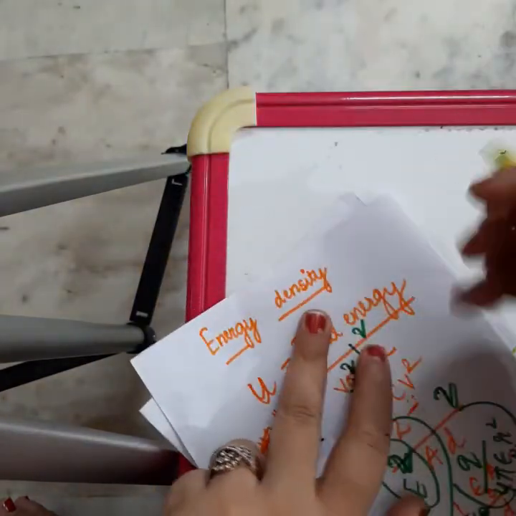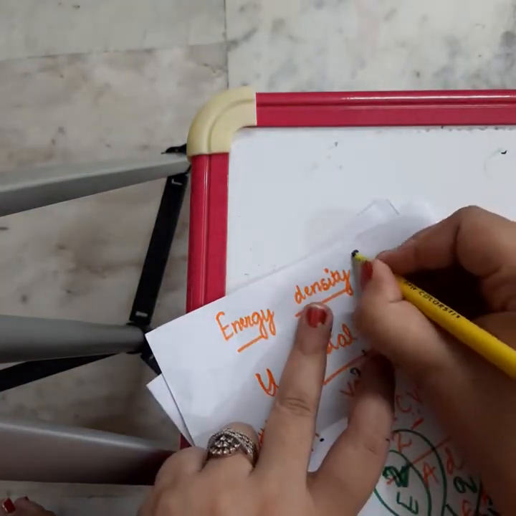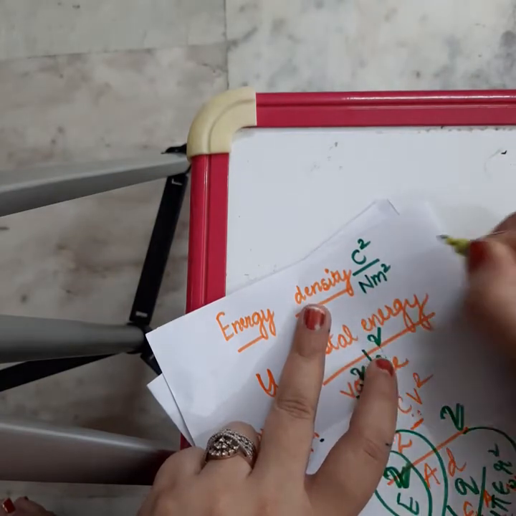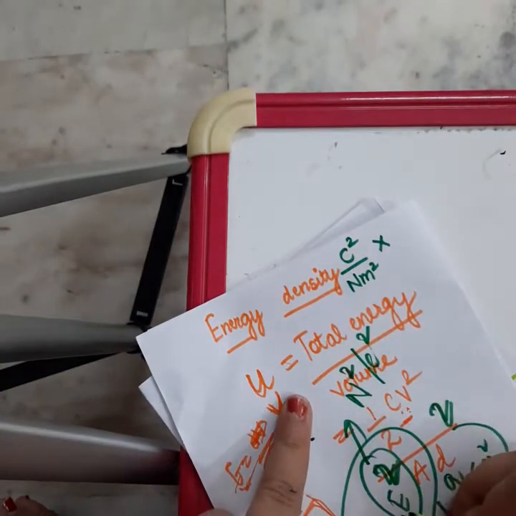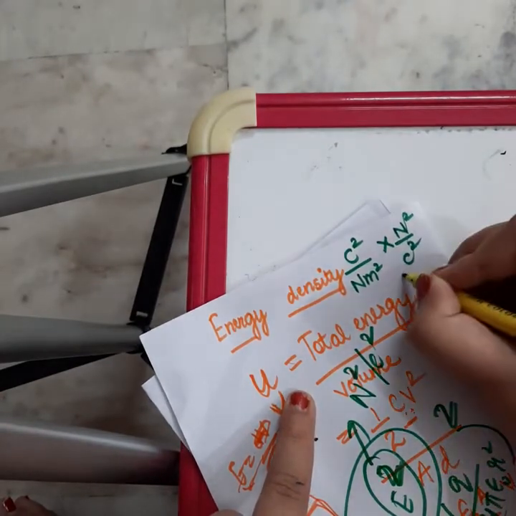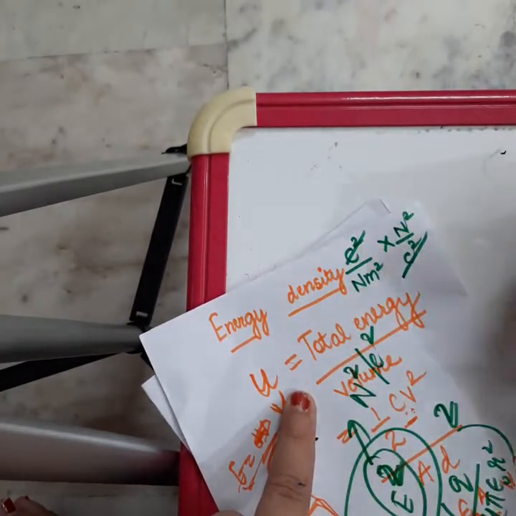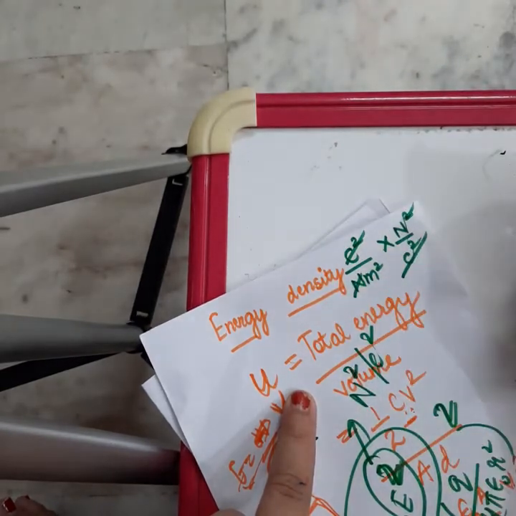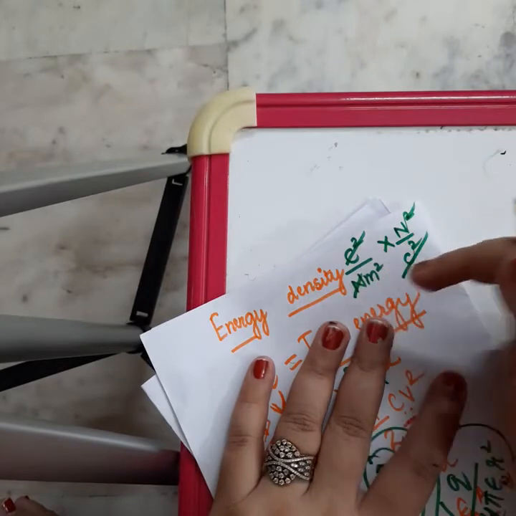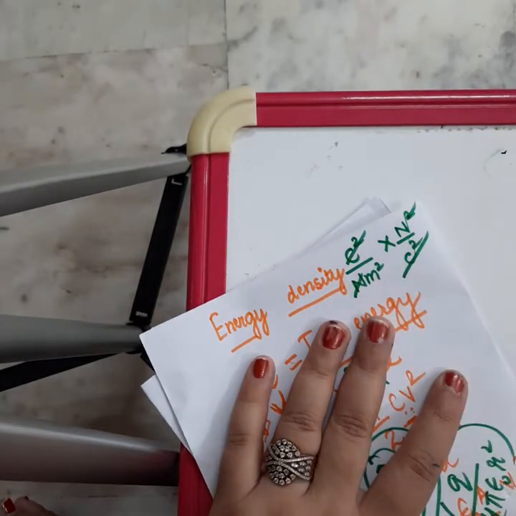I repeat, epsilon naught has the units coulomb square per Newton meter square, multiplied by E square, which is Newton square per coulomb square. Now coulomb square cancels, and one Newton cancels. So energy density would have the units Newton per meter square.